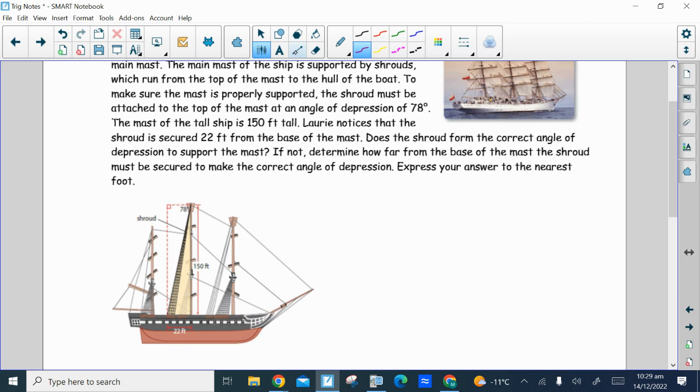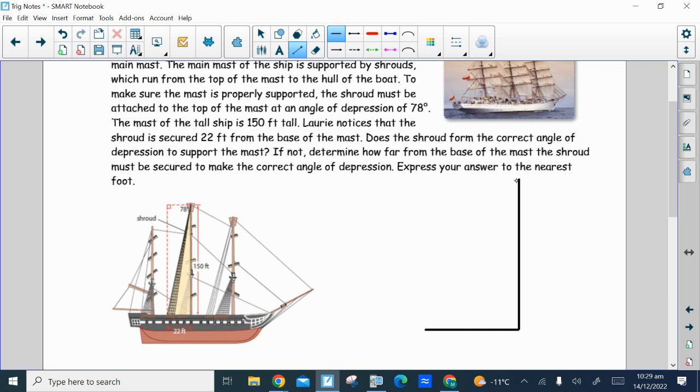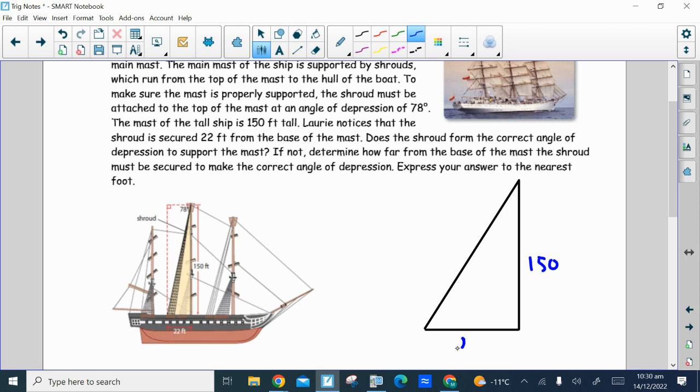So once again, let's draw a triangle here that we can label without being part of that picture, just so we can clearly see what's going on. So the mast is 150 feet tall, and the shroud is connected 22 feet from the base of the mast.